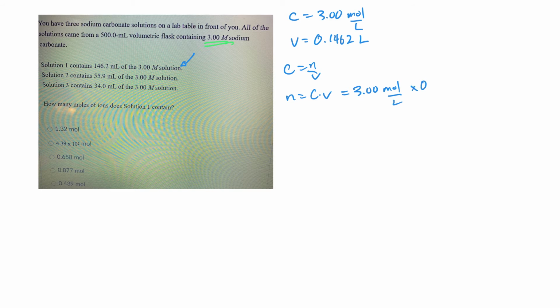let's see. I've got sodium carbonate. Well, let's figure out the moles first. So the concentration is 3 moles per liter, and the volume is 0.1462 liters. So to figure out the moles, I just go moles is equal to C times V. Concentration 3.00 moles per liter times 0.1462 liters.